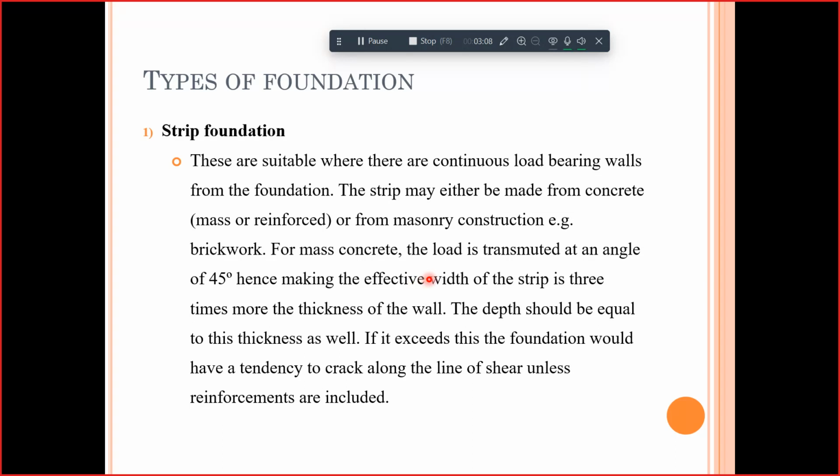For mass concrete, the loading is transmitted at an angle of 45 degrees, hence taking the effective width of the strip as 3 times the thickness of the wall. The depth should be equal to this thickness as well. If it exceeds this, the foundation will fail in shear unless reinforcement is included. Okay, that is good, Minor. Thank you. You can give him a clap.